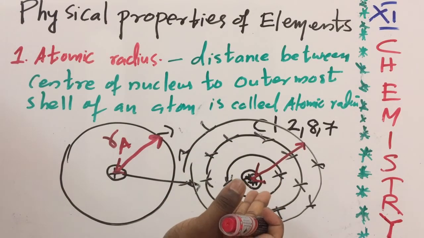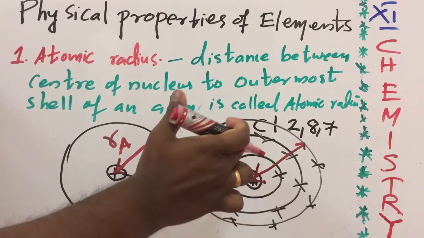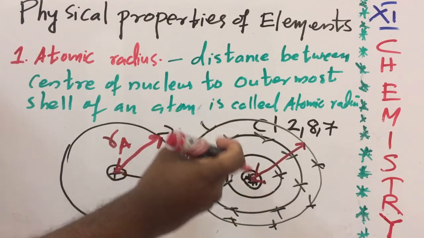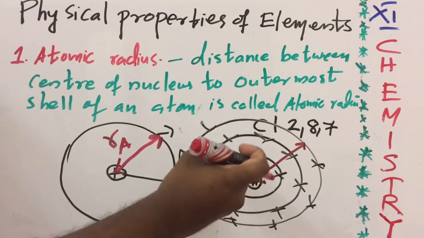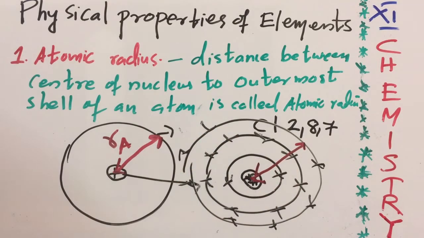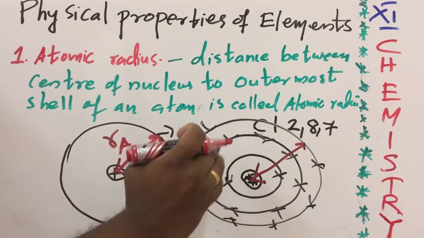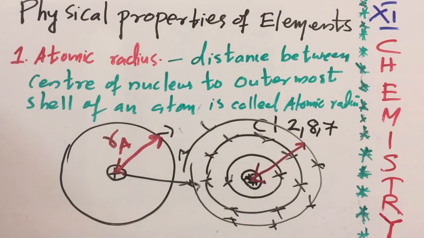Both are spherical, but the size of an atom is very small, so it's difficult to find the diameter of atoms. But we can find the size of chlorine or any atom by an indirect method.